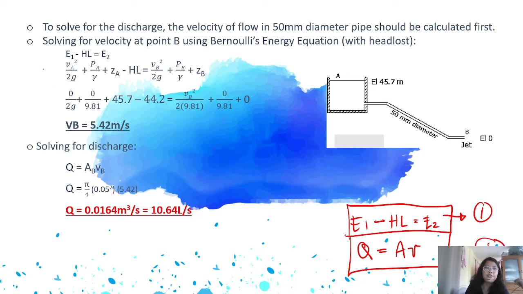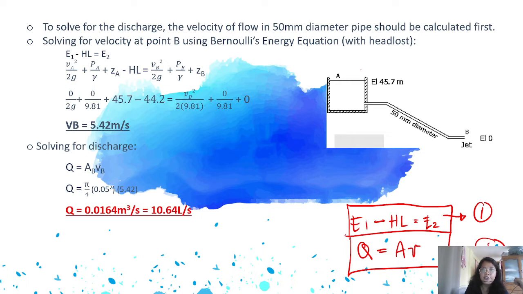No. So, energy 1 to energy 2, considering head loss. So, VA squared over 2g plus PA over gamma plus ZA minus head loss is equal to VB, the velocity at B, squared over 2g plus pressure at point B over gamma plus ZB.